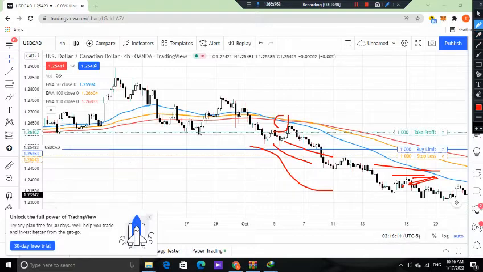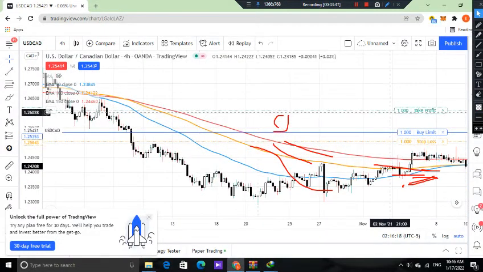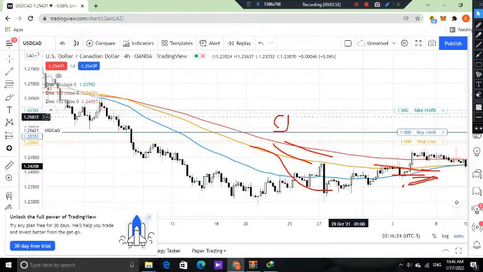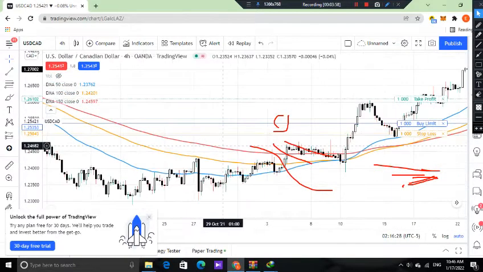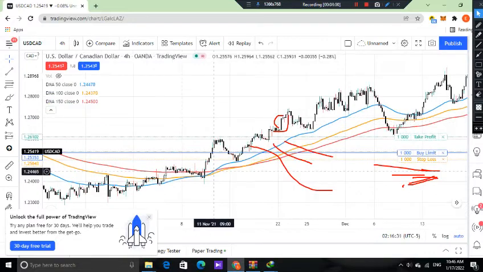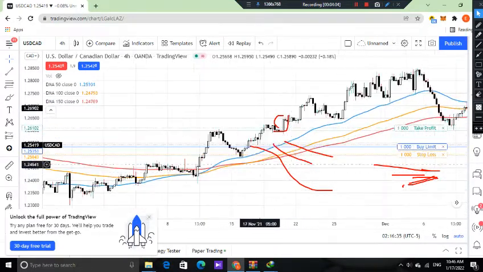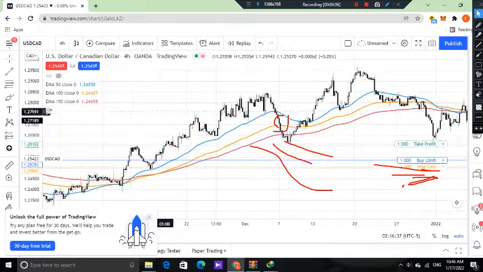For example, it is a sell signal when they cross each other from above to down. But when they cross from below to above, it's a buy signal.